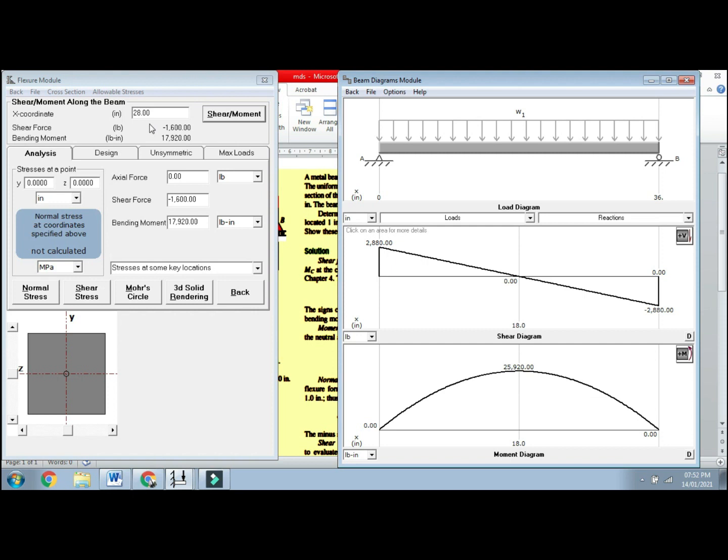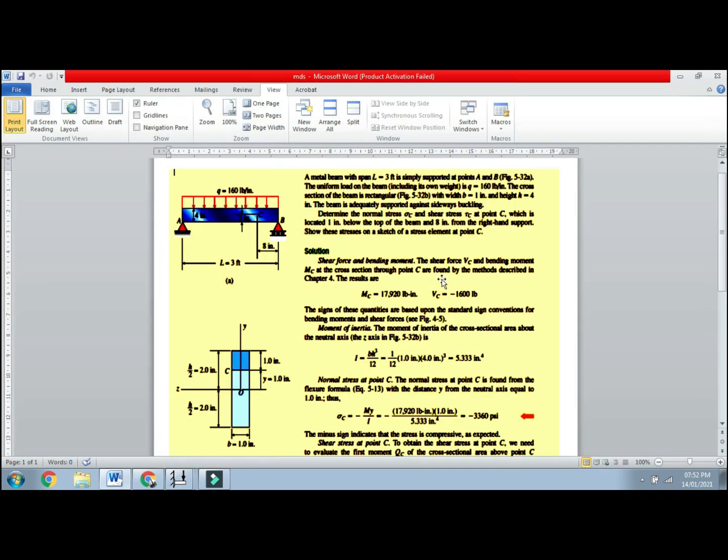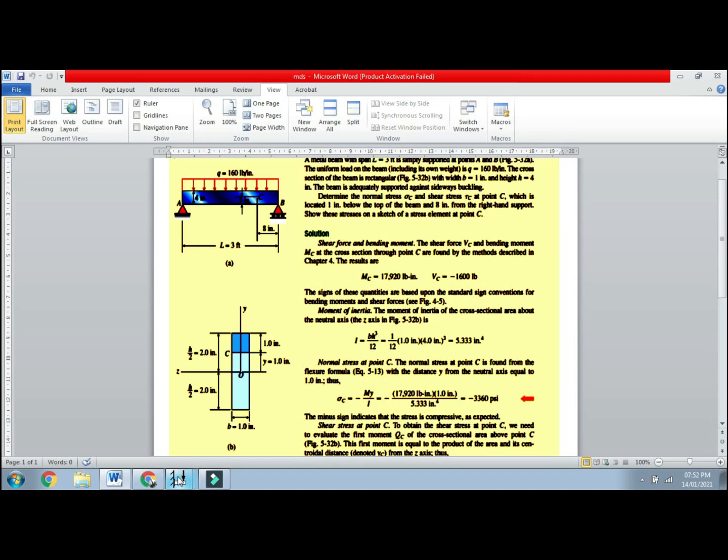At 28 inches, the shear force generated at that unique point is minus 1600 pounds, and the bending moment at that point is 17,920 pound-inches. So as in the book, it is 17,920 pound-inch, and minus 1600 pounds. This was our I. We got it till now. Let's go ahead.